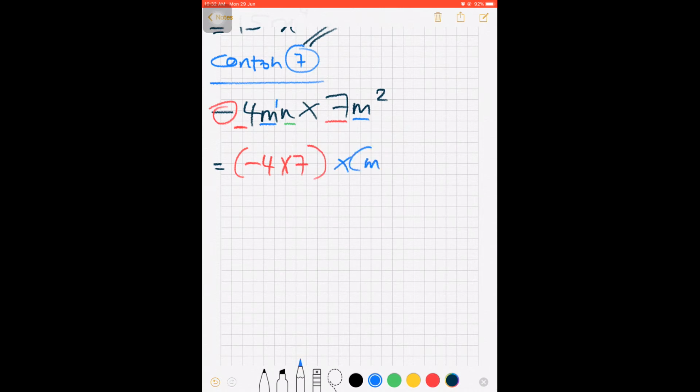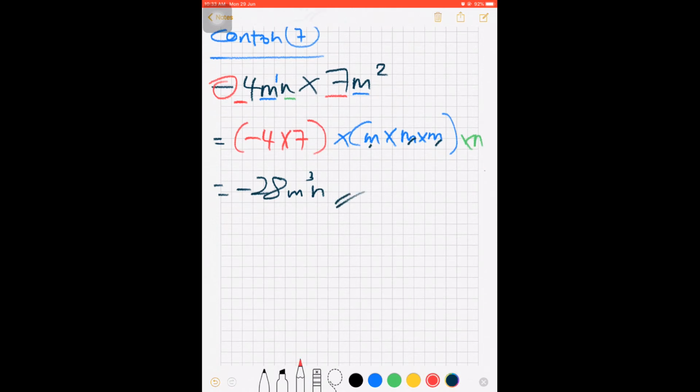Ni 1, so sekali je lah. Dia 2 kali. So, 1, 2, 3. Okay. And then for n is just times n lah, because there's only that. So, buat lah. Negative 4 times 7 is negative 28. M, 1, 2, 3. M kuasa 3. N, 1 je lah. Just like that.